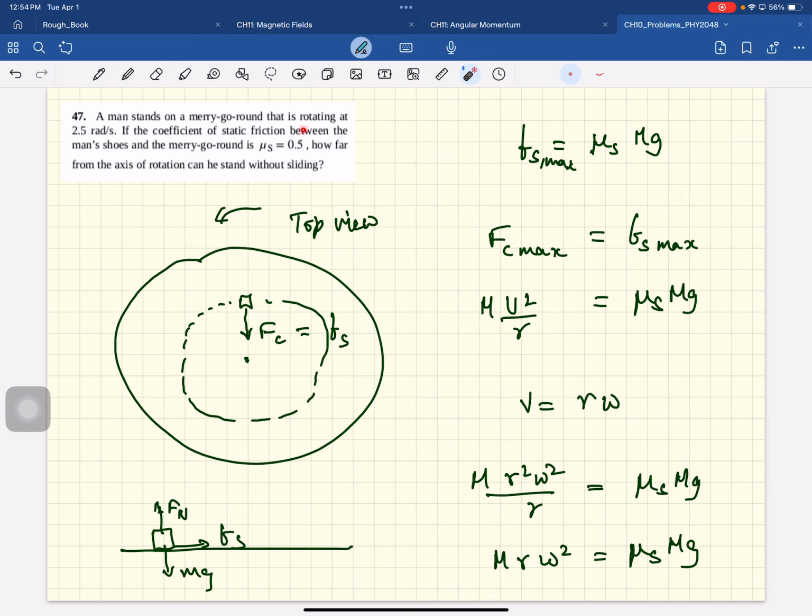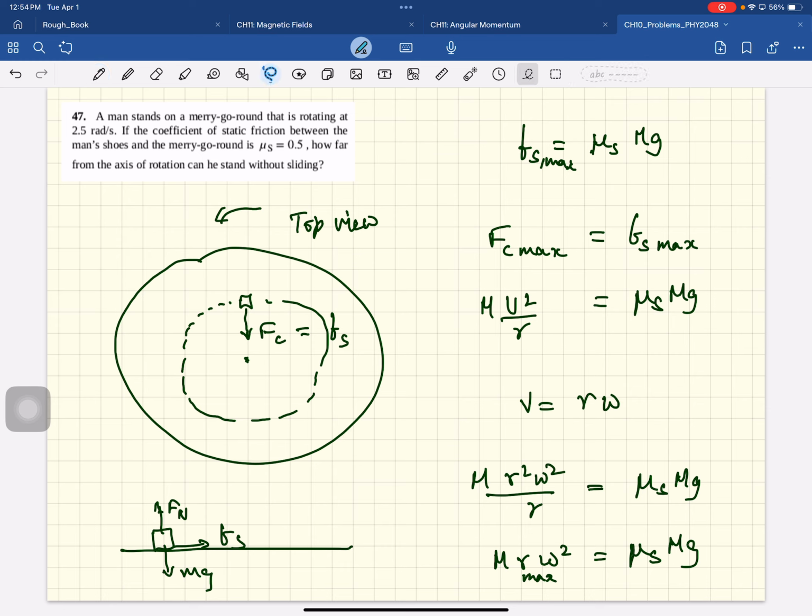So you're given this angular velocity. The furthest you can be is such that this is equal to that. So the maximum centripetal force corresponds to the maximum friction for that angular velocity.